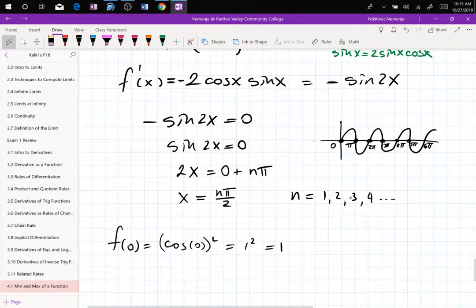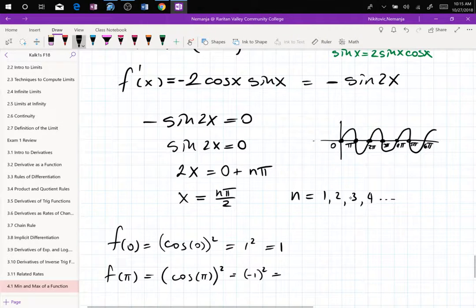And then we have f of pi, which is cosine of pi, everything squared. Cosine of pi is negative 1, squared, it's also 1. So it appears that these endpoints are both value 1.